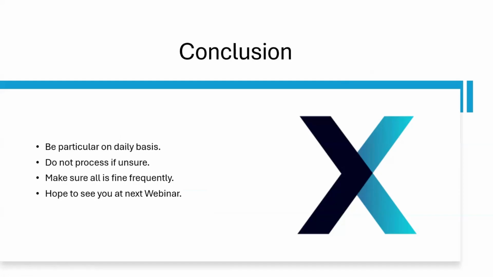So in conclusion, basically, on a daily basis, scrutinize yourself. Be particular about what you do. Don't process anything that you don't really know what the impact will be, especially when it comes to journals.